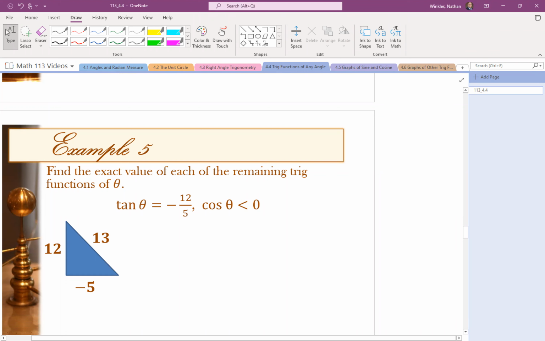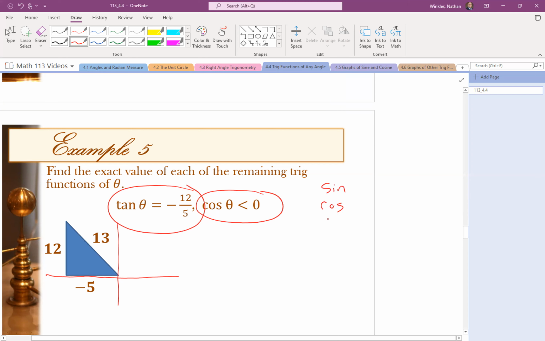So we need to identify where cosine of theta is less than 0 and tangent is negative. If we were to draw this out, it would look just like this right here. So we need sine, cosine, cosecant, secant, and cotangent. This is our theta.